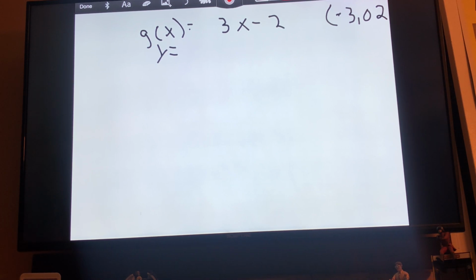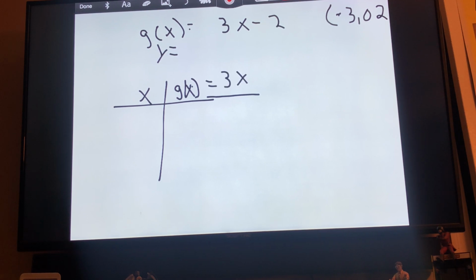All you are going to do is take this right here and set your problem up like this. X and g of x equals 3x minus 2. What do you guys think you're going to do?